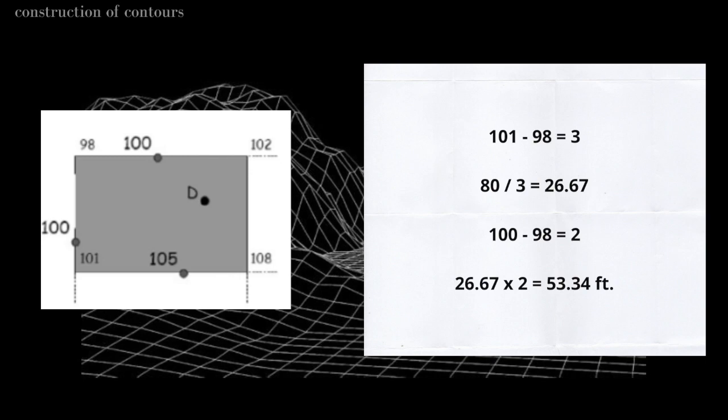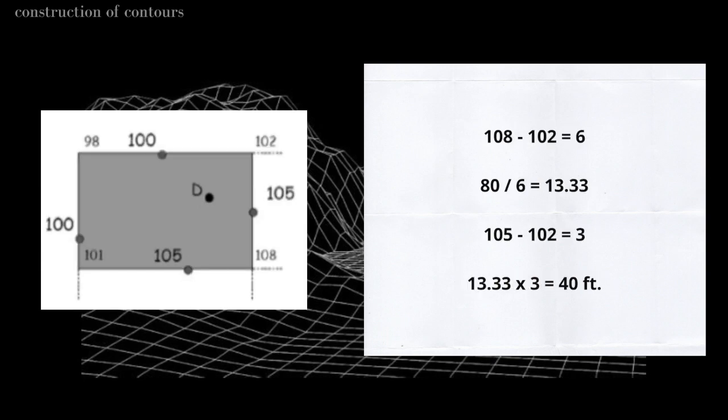And lastly, we will solve the right edge of the grid cell. First thing we're going to do is find the height difference by subtracting 102 from 108. We get 6. Then, given that the vertical dimension of the grid cell is 80, we divide 80 by 6, which gives us 13.33. After that, we take our contour interval of 105 and subtract the lowest value of the line, which is 102.